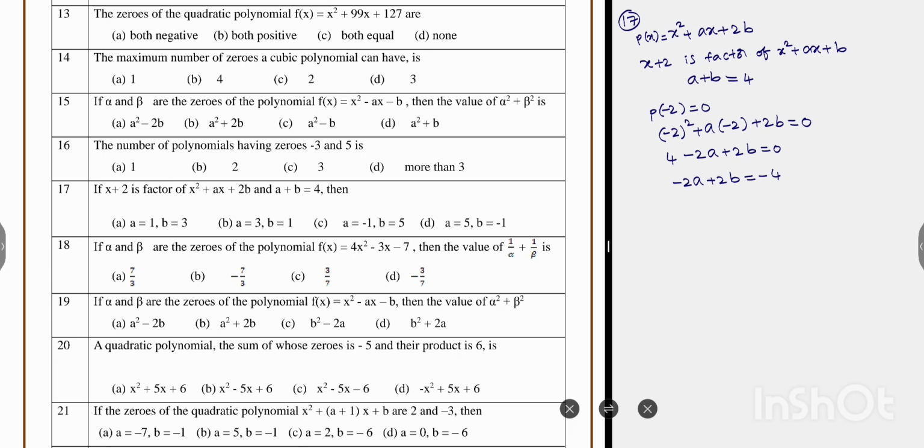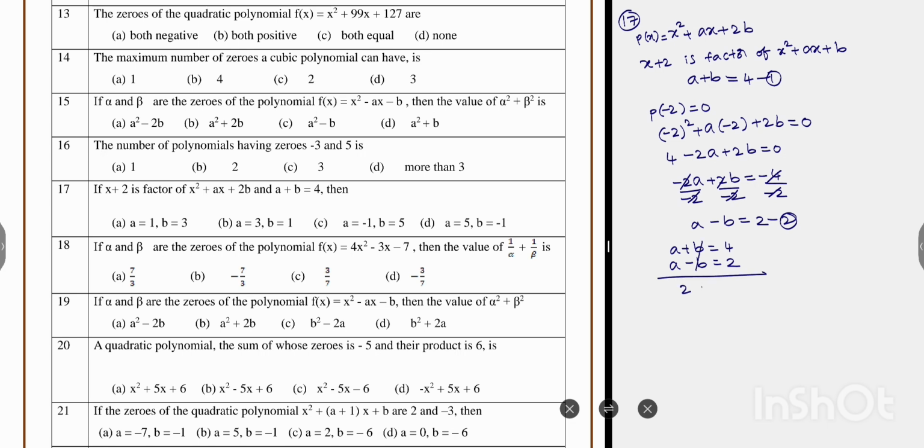Divide everywhere by minus 2, and we get a minus b is equal to 2. So this is equation 2 and this is equation 1. A plus b is equal to 4, a minus b is equal to 2.